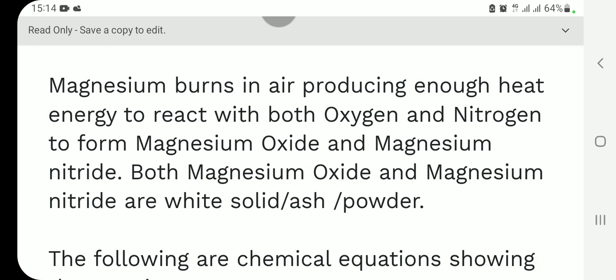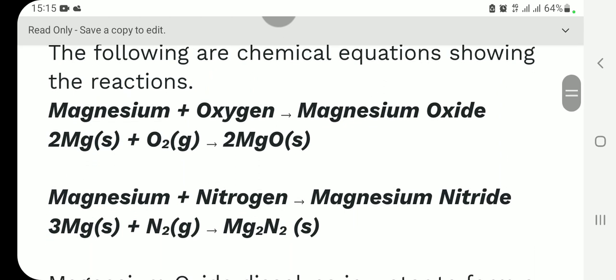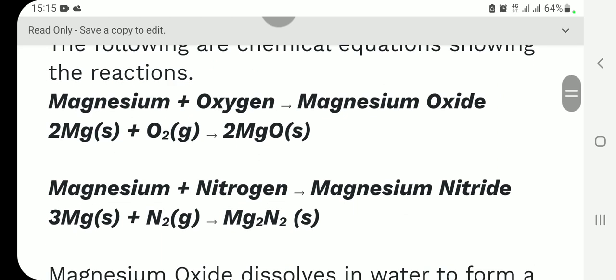Magnesium burns in air, reacting with both oxygen and nitrogen to form magnesium oxide and magnesium nitride. Both magnesium oxide and magnesium nitride are white solid ash powder. Here is the chemical equation for the reaction of magnesium with oxygen to create magnesium oxide.